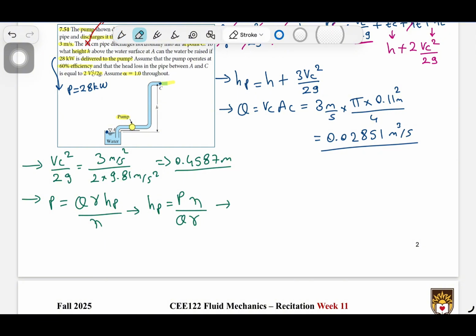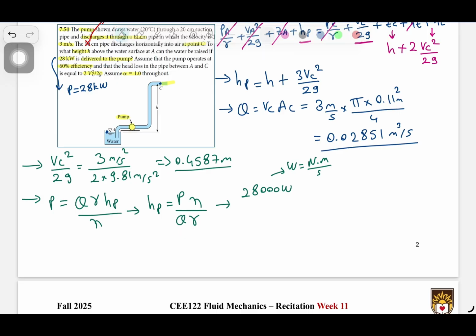Here we are going to use power as 28,000 watts because a watt is Newton times meter per second, so that all terms will be in the same unit, like cubic meter per second, meters, and Newton per cubic meter. So we have 28,000.